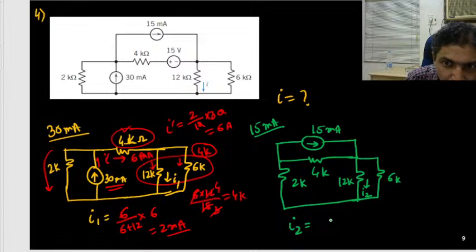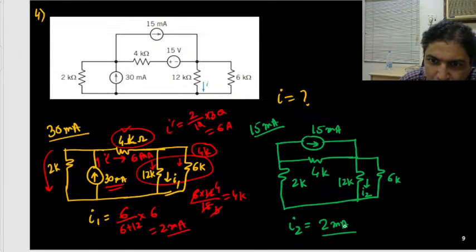So I2 is again 2 milliampere. He is saying that it is 2 milliampere. I think it looks correct. So you will check. Okay.